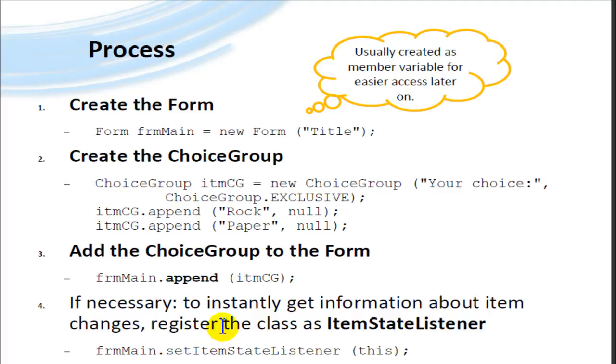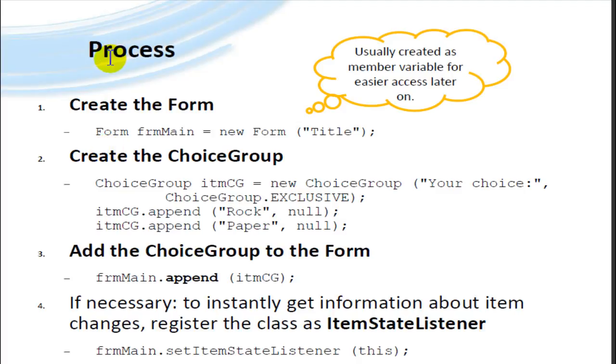And you have to register your form as an item state listener, because on the form, what you are selecting, what you are not selecting, meaning what state change is going on. You have to tell the compiler frmain.setItemStateListener this. That means you have to tell the AMS to listen to my frmain, because it is going to have some changes. Later on we're going to fire our item state, like we have the action method in the case of commands.